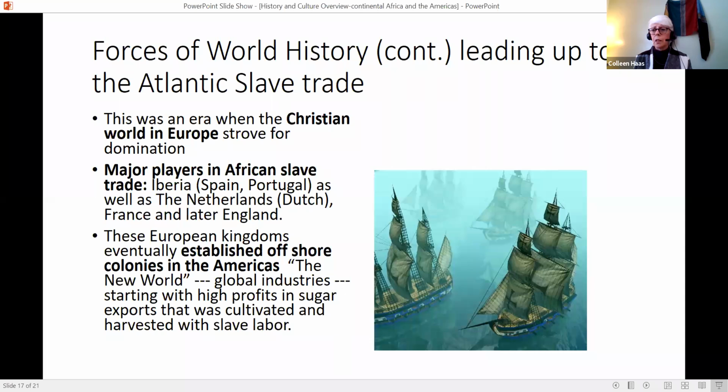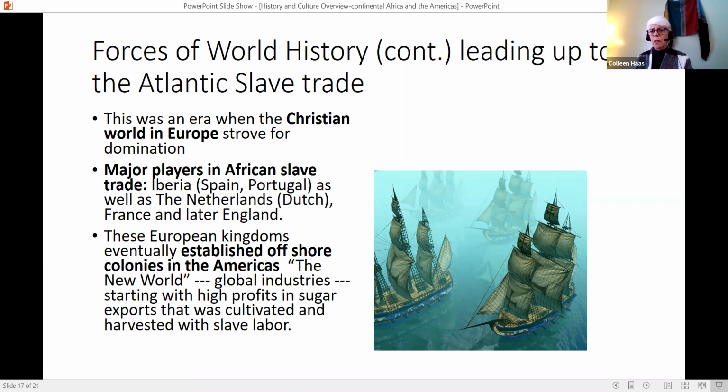And also, on the continent of Africa, there were rival groups, competing groups, and they were capturing other Africans, and then they were selling those as part of the goods that they were exchanging. Okay, so this whole story of how Africans were participating in the slave trade is complicated.